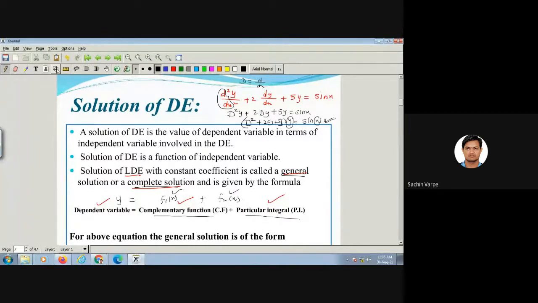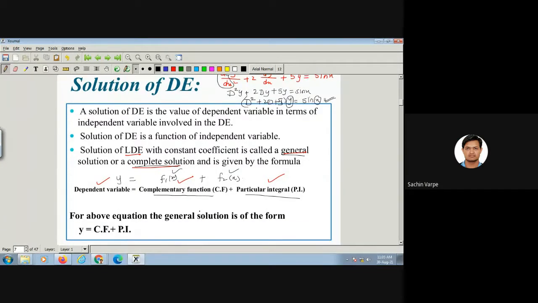Hello? Yes, sir. Okay. So now for the above equation, in general, the solution is of the form y equal to CF plus PI. In some books, especially in Nirali, the notation is y is equal to yc plus yp.